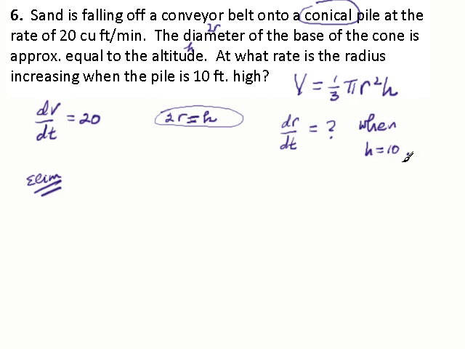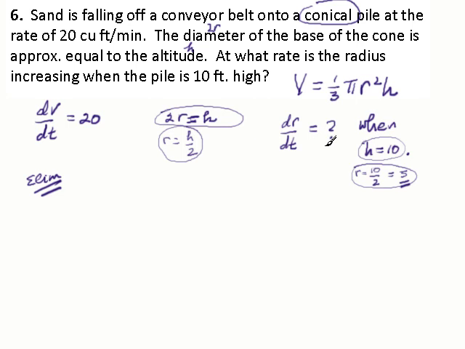Well, we can easily figure out when h is 10, what r is. 2r is equal to h, or r is equal to h over 2, just switching it around. So when h is 10, r is equal to 10 over 2, which is 5. So we want to find dr/dt when r is 5.